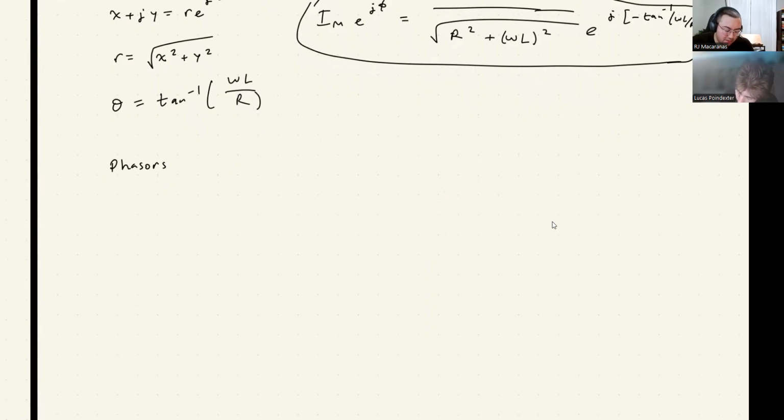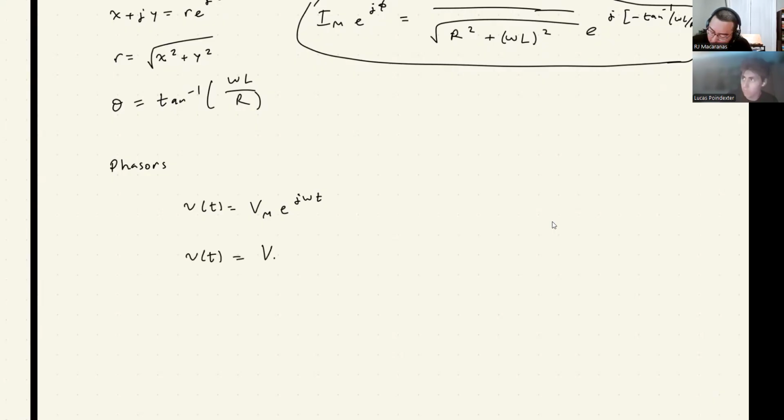The general idea with the phasor is that we can abstract away these sinusoidal functions if we instead consider this complex exponential forcing function.